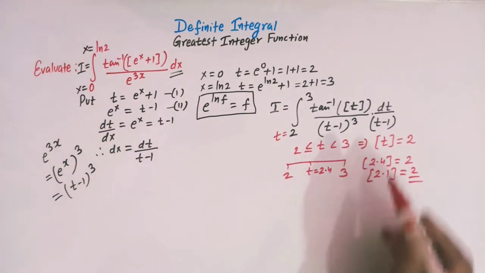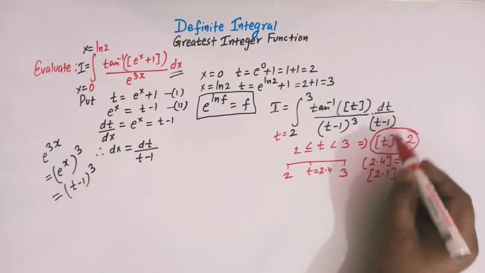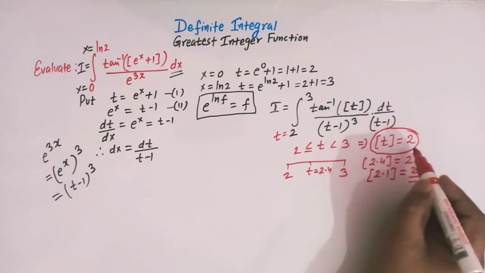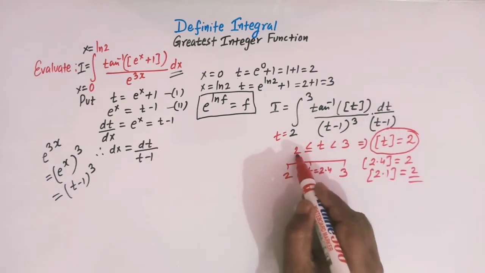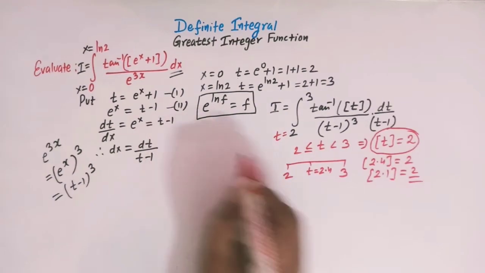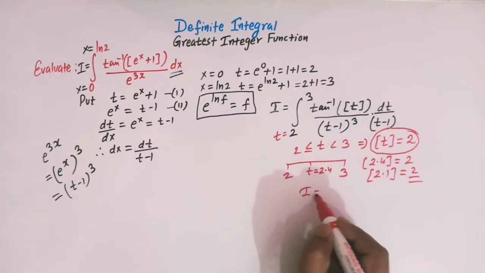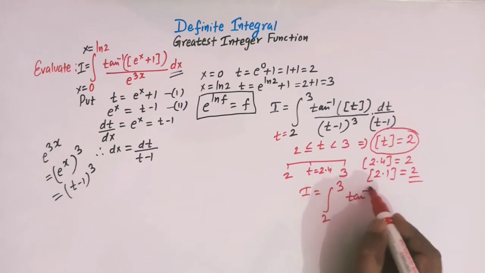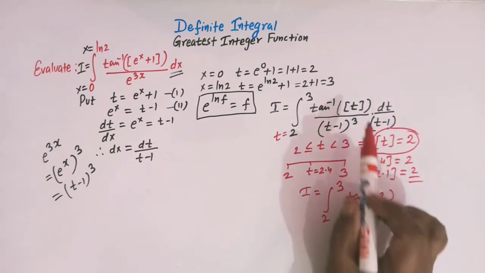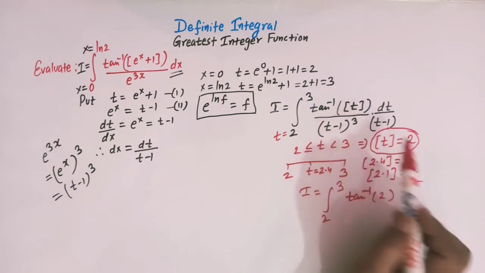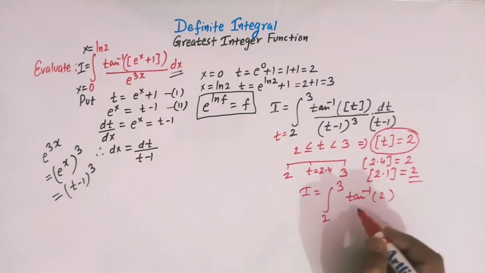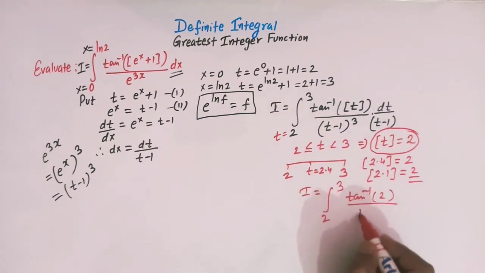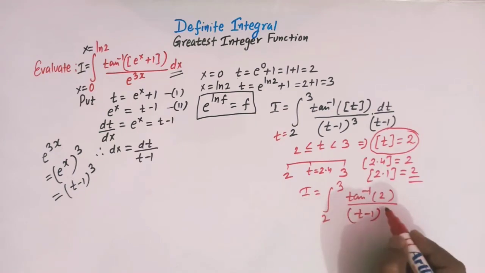So the greatest integer of t is equal to 2 when t lies between 2 and 3. Therefore this integral I now becomes the integral from 2 to 3 of tan inverse of 2, because for the greatest integer of t we can write 2, and we have t minus 1 raised to 4.